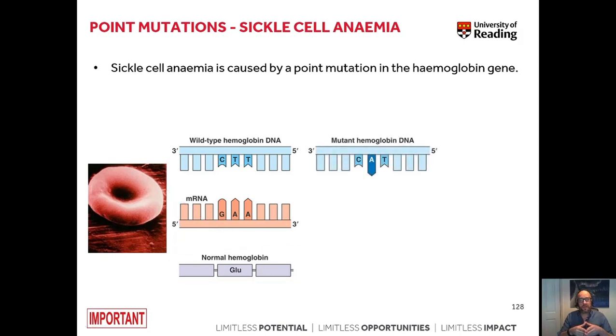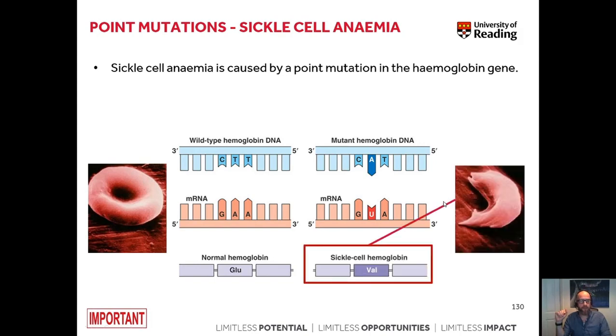In patients with sickle cell anemia, this triplet, however, is mutated. Instead of T in a healthy wild-type hemoglobin DNA, there is an A. This results in a different mRNA, and finally, valine is inserted into the protein in sickle cell hemoglobin.